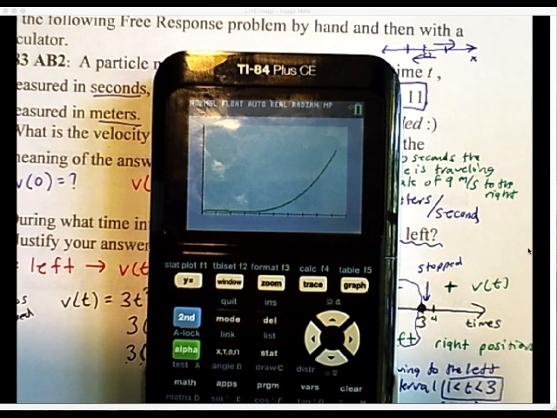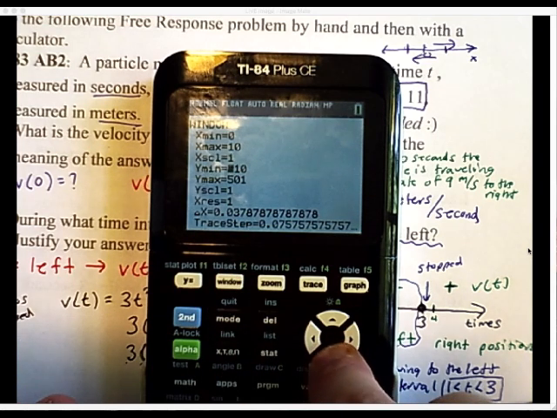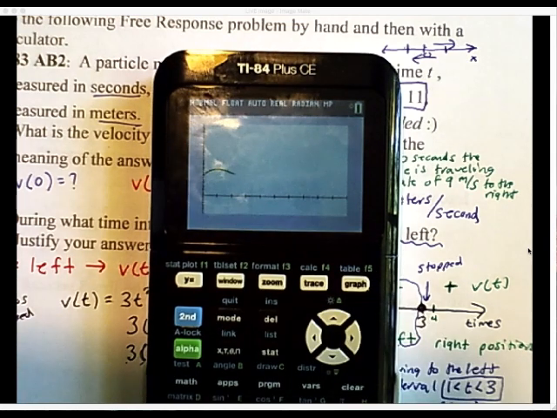Kind of looks like that. And maybe we can mess with it a little bit. Maybe I just want to go negative 10 to 40. Get a little bit better shape of the graph.